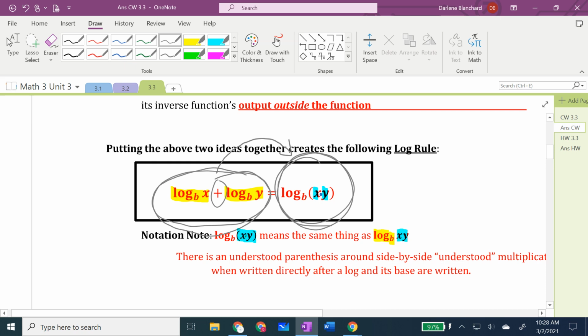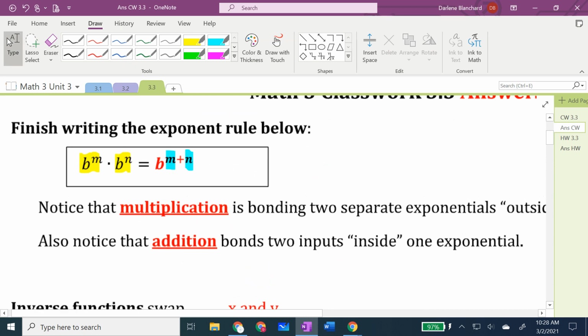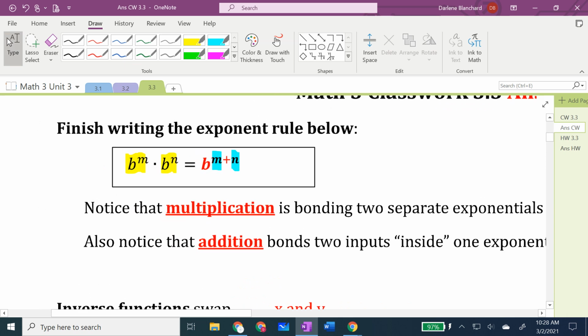And I want to remind you, you know this exponent rule. This exponent rule, if I'm condensing two exponentials into one exponential, I add the exponents. Logarithms are reversing this process.